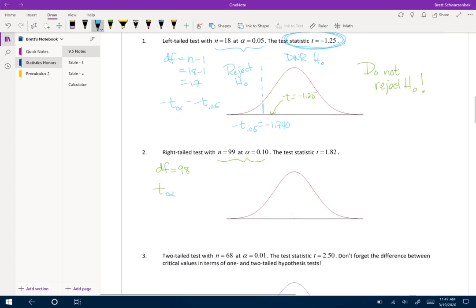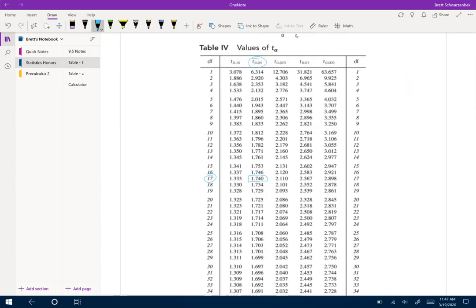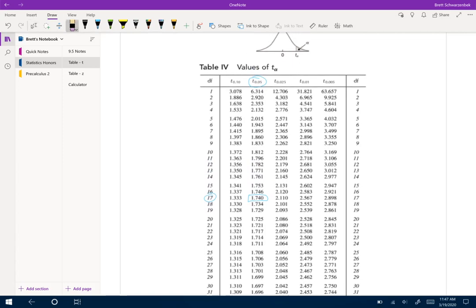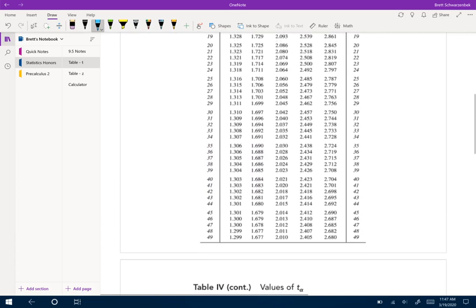Okay, as we go through it, t sub alpha is going to be equal to t sub 0.10 positive in a right tail test. Makes sense because we're on the right side of the curve. So we would go to our t-table and try to find our important values.